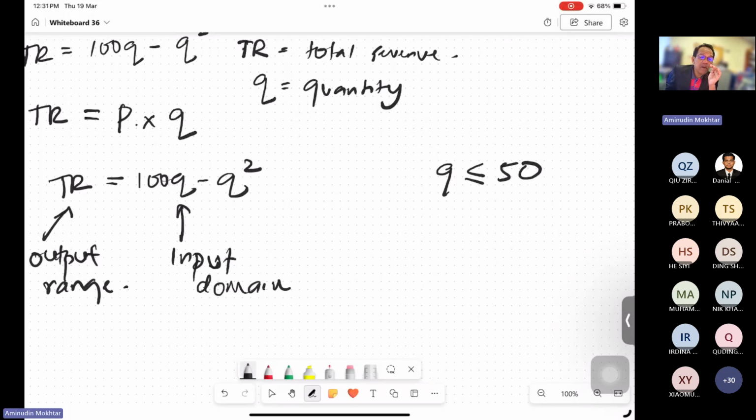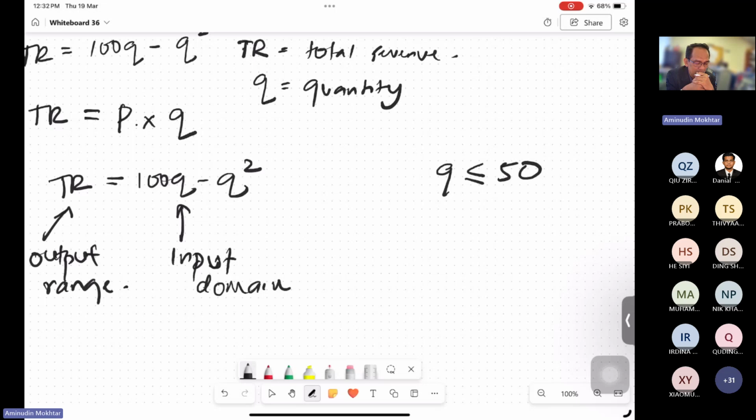In economics, in order to find the answer, we need to know the concept of Q. What is Q? Q is quantity. Based on economic theory, quantity must be positive. Quantity cannot be negative. Never negative when we're talking about quantity.